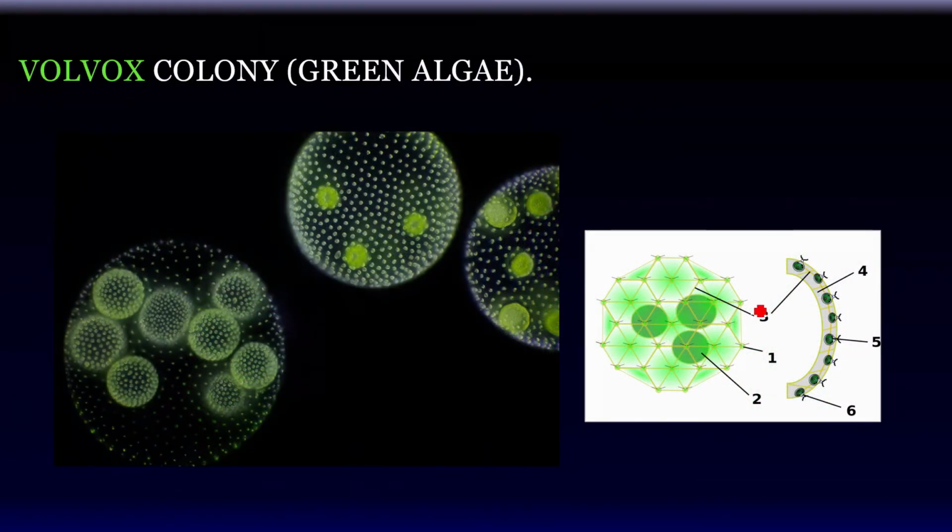So here's an example of a green algae, the Volvox, and each one of these is a tiny cell, and they have two little tiny flagella. They have their own nuclei and stuff, but they're organized. They're kind of like they tied a rope around their waist, so to speak, with their cytoplasmic extensions.